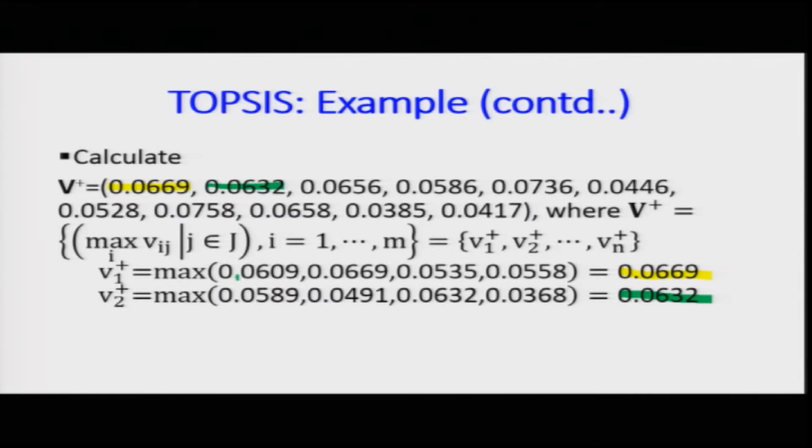Say, for example, for the first alternative, I have 11 values, starting from 0.0609 till the value of 0.055. I am taking the maximum for each alternative. So, the maximum comes out to 0.0669.